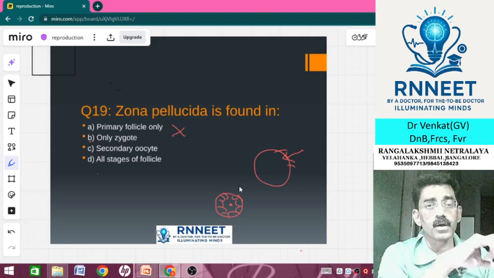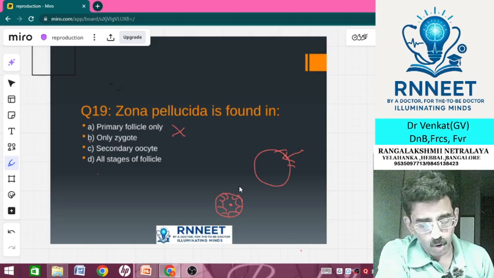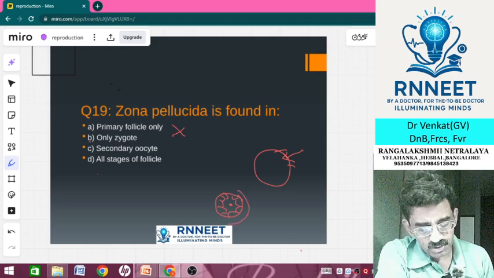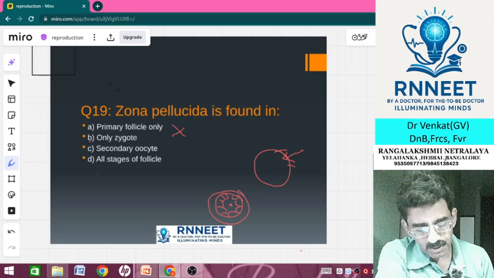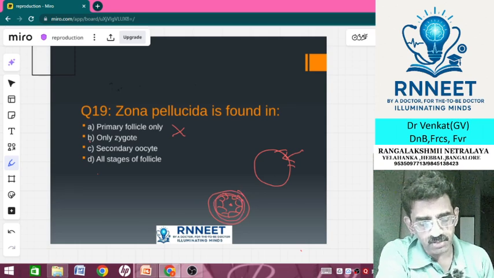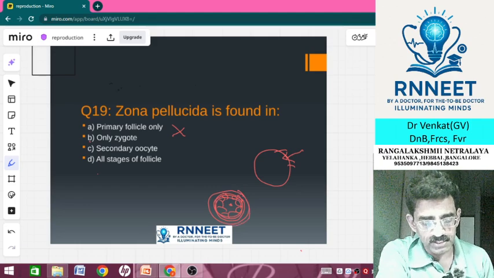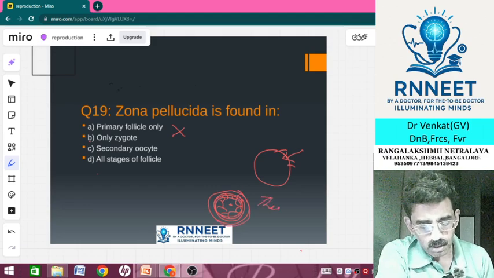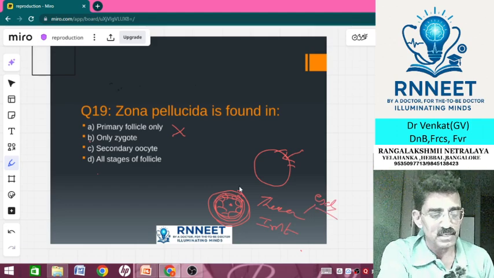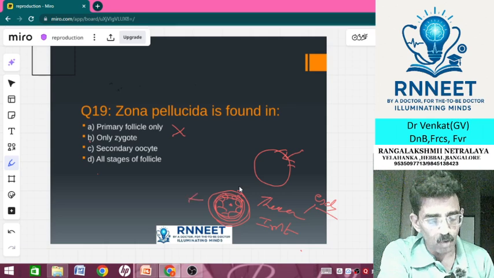is that part when the formation of theca externa and theca interna starts. So these two, remember, are formed in the secondary follicle.